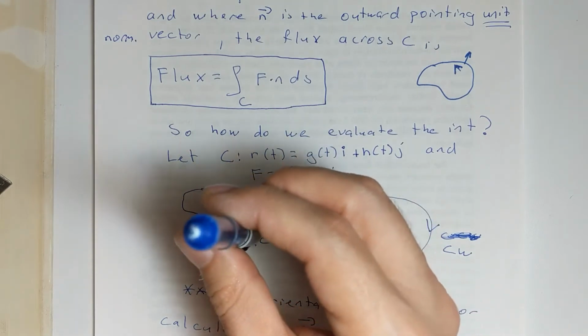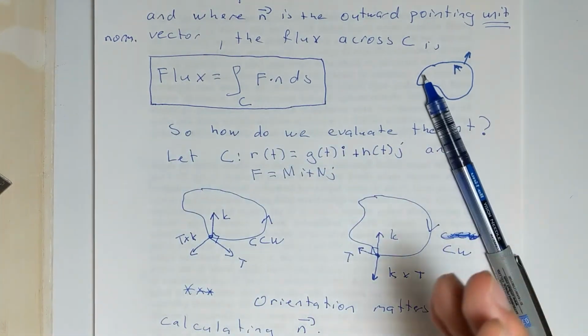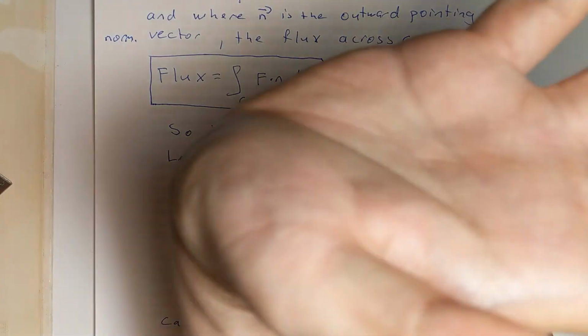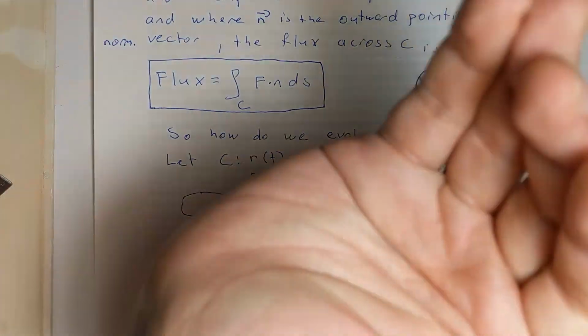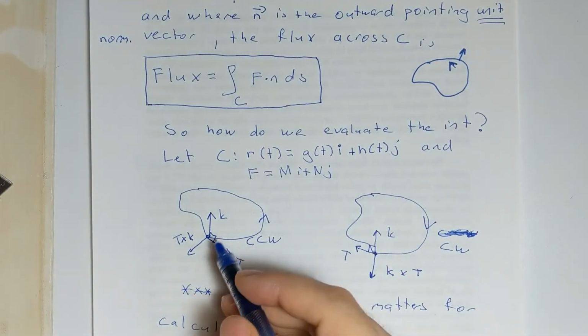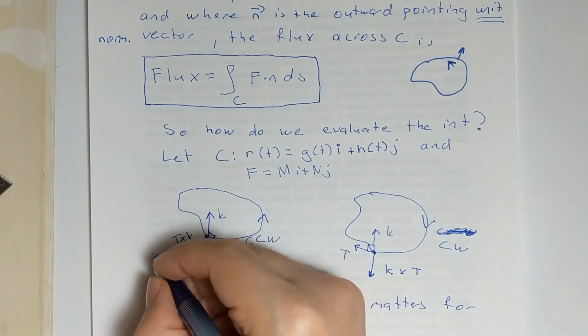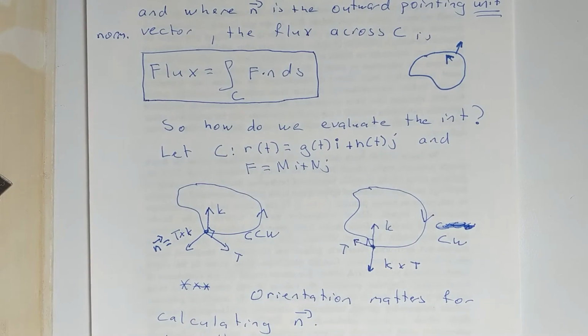When I say the vector k, I'm talking about the one along the z-axis. If I take the cross product T cross k, T is this way, k is up, so it's going to point this way. T cross k gives me the normal vector pointing out.